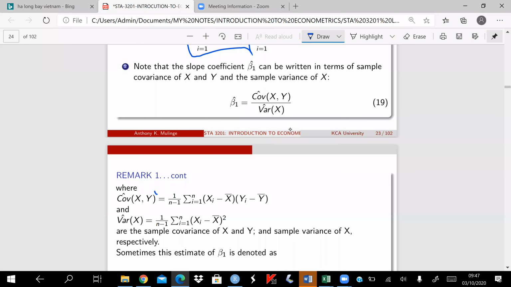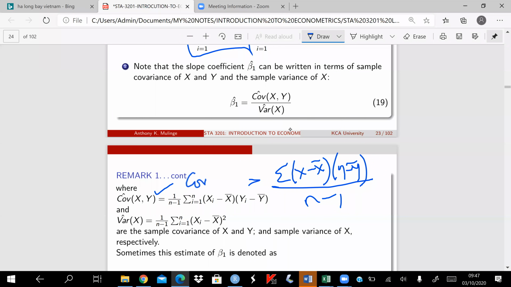The covariance of x and y is given by summation of x minus x bar, y minus y bar, divided by n minus 1. Then the variance of x is the mean squared deviation, so this will be summation of x minus x bar squared divided by n minus 1.